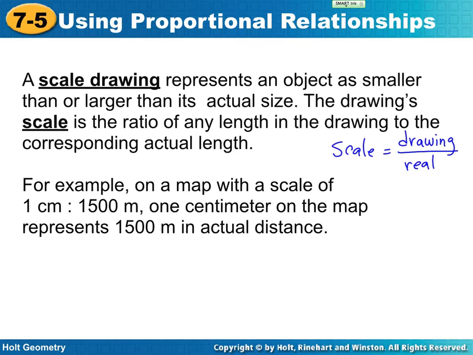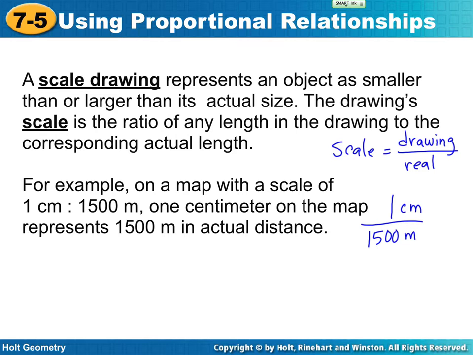In my example up here, it says 1 centimeter represents 1,500 meters. 1 centimeter would be the measurement on the map or the drawing. The 1,500 meters would be the real life measurement the map is showing, so on the ground. If you keep in mind that a scale is always the drawing measurement compared to the real measurement, that's a key to doing scale figures.